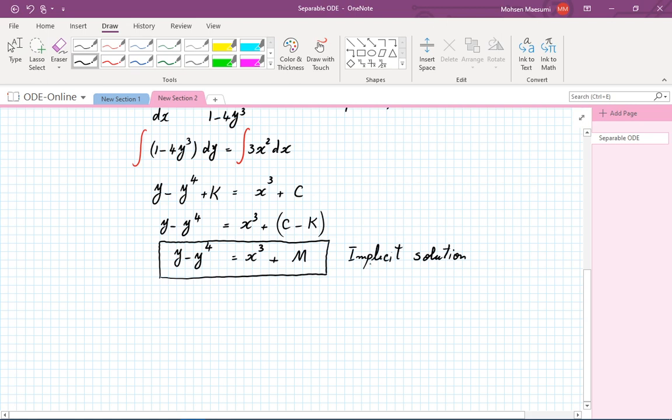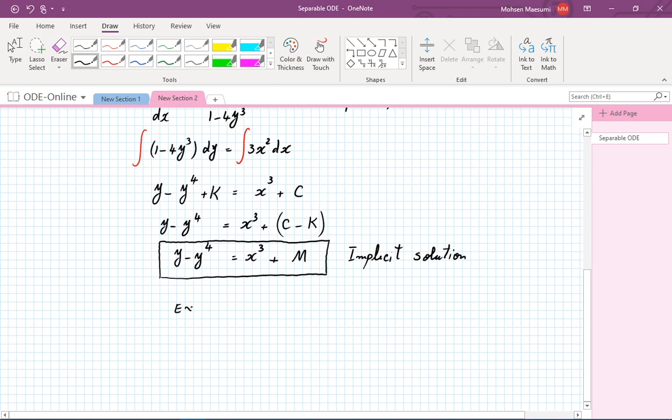Well, you might ask, what do you mean implicit? What is meant by explicit? Explicit solution is when either y is given in terms of x, or less commonly x is given in terms of y. If that is possible to be found, then we press forward for finding an explicit solution.